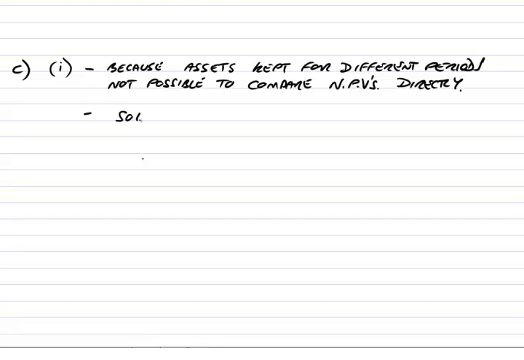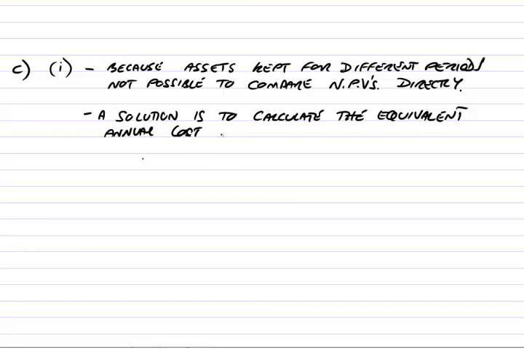The solution, in fact there's more than one way of dealing with it, but the standard solution, I'll put a solution, is to calculate the equivalent annual cost for each replacement period.